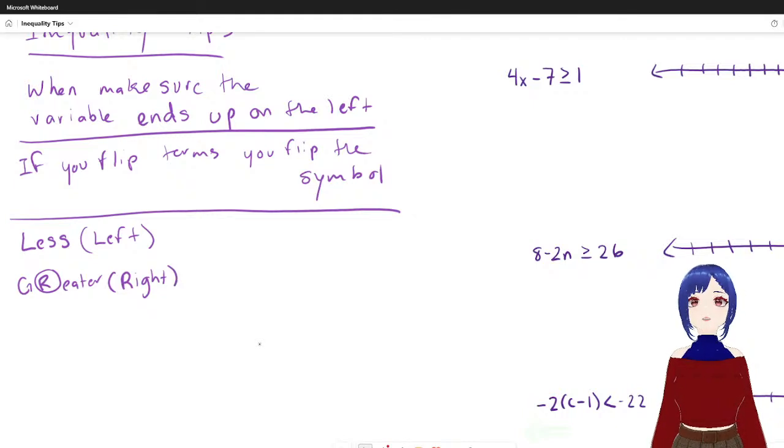So if you make sure the variable is on the left-hand side, then when you do your graphing, you can do less than to the left, greater than to the right.